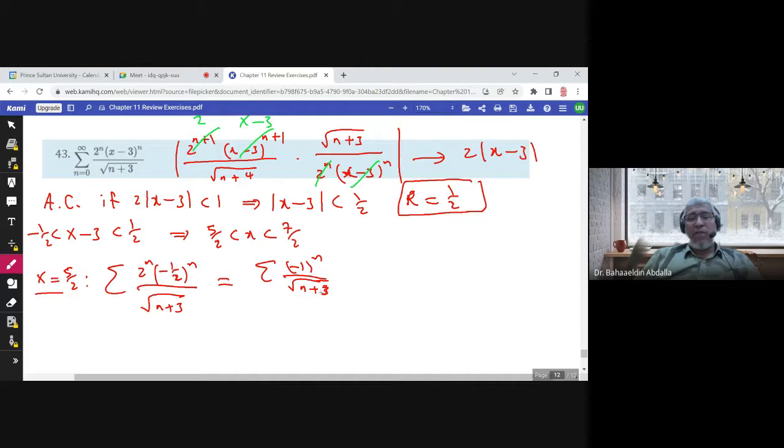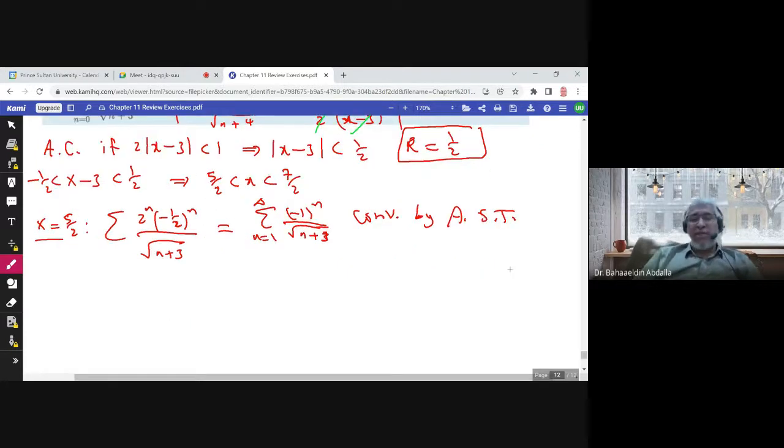And this series is convergent by alternating series test, because limit of this bn is 0, and 1 over square root of n plus 4 is less than 1 over square root of n plus 3.